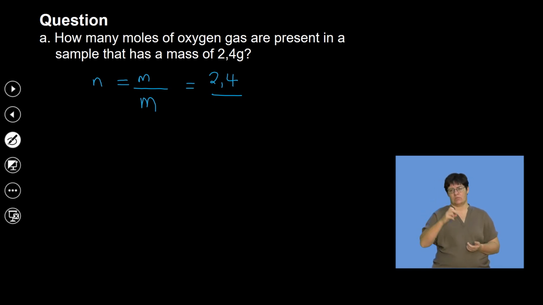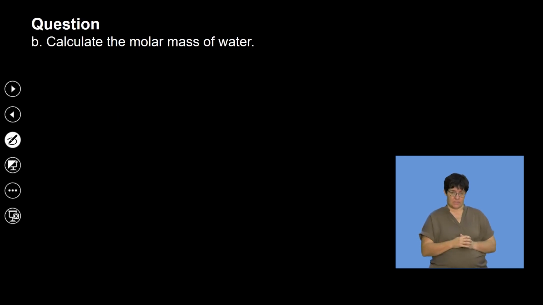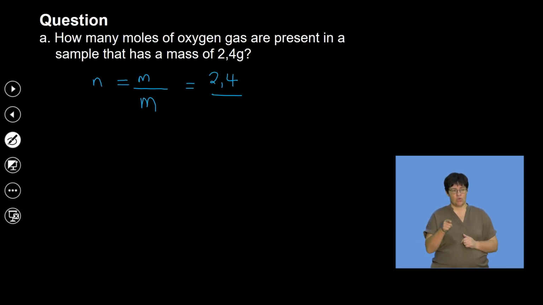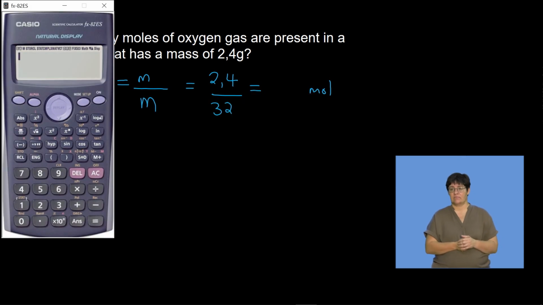Now, we have also calculated the molar mass of oxygen, if we can go back quickly: the oxygen is 32 grams per mole. So this is divided by 32, and whatever we get will be in moles. So if we go to our calculator, this gives us 2,4 divided by 32.